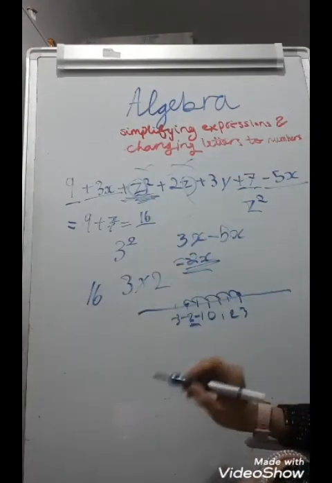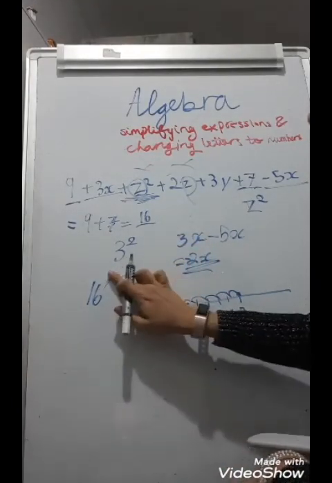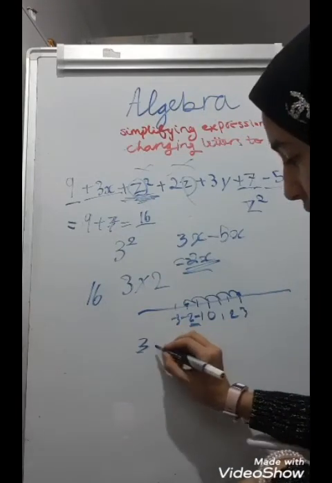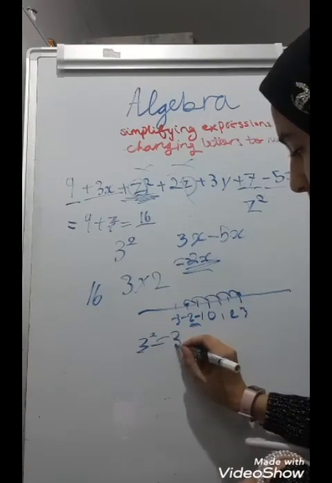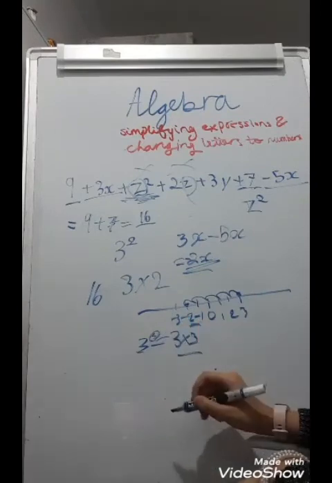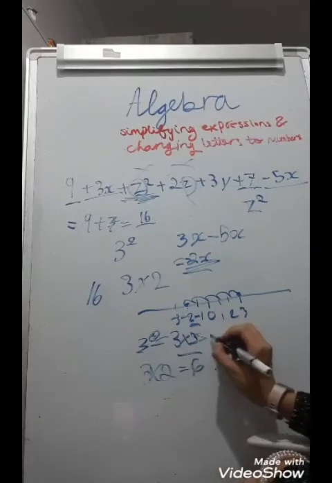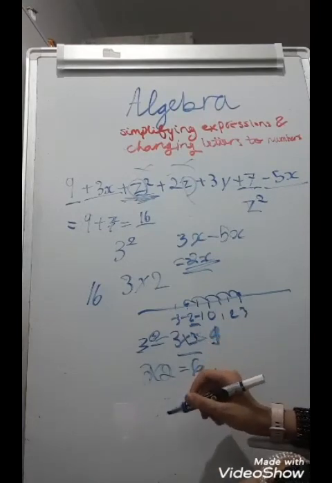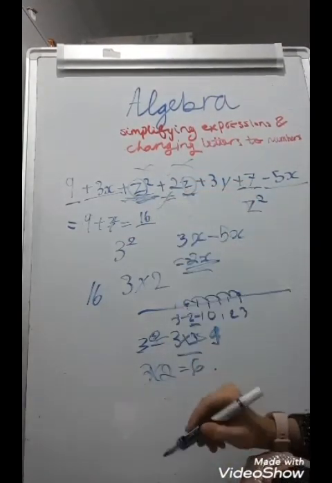That does not equal. These both are not the same thing, because 3 to the power of 2 is just basically 3 times 3, or 3 squared is just 3 times 3, and 3 times 2 equals 6, and this equals 9, sorry. So these are very different things. So this and this are not equal.